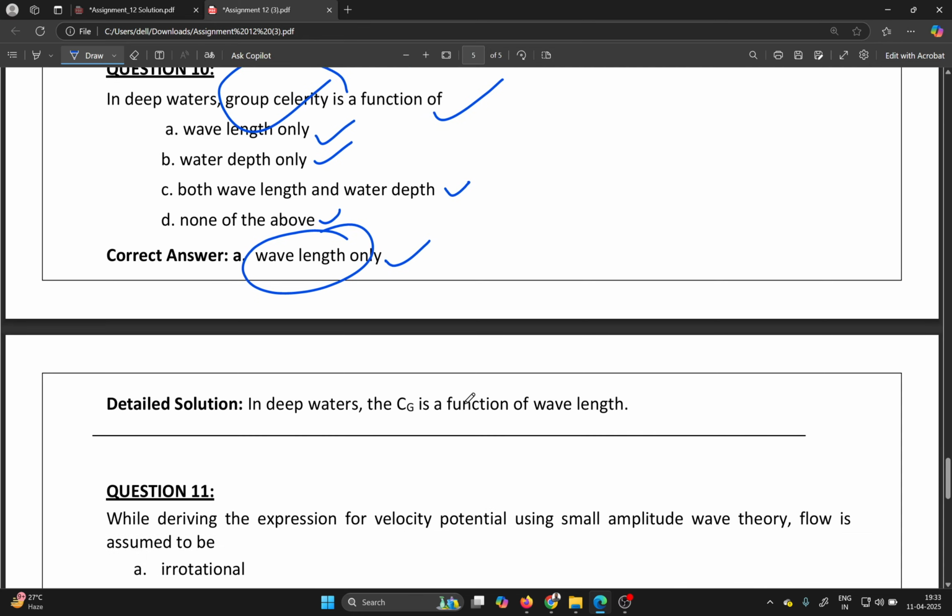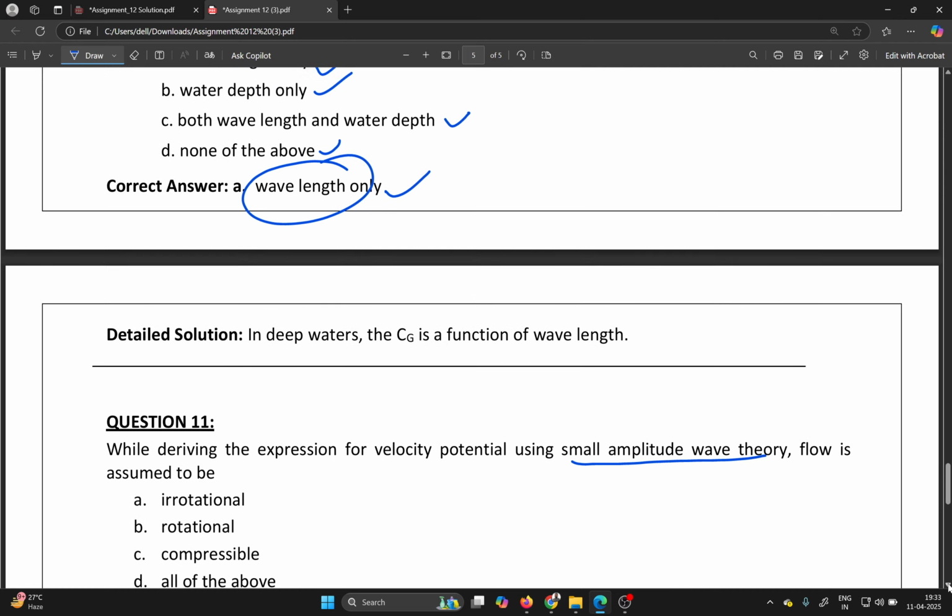For question number 11. While deriving the expression for velocity potential using small amplitude wave theory, the flow is assumed to be: option A, irrotational; option B, rotational; compressible; all of the above. Which option will be correct? Please recall your understanding of this topic from your NPTEL videos and try to write your answer in the chat box for question number 11.